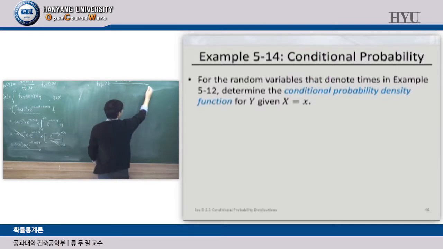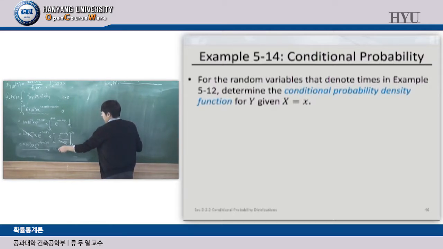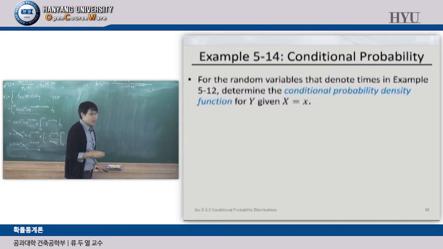This is the joint probability density function. And also, this is the marginal probability density function, 0.003 times exponential minus 0.003x.